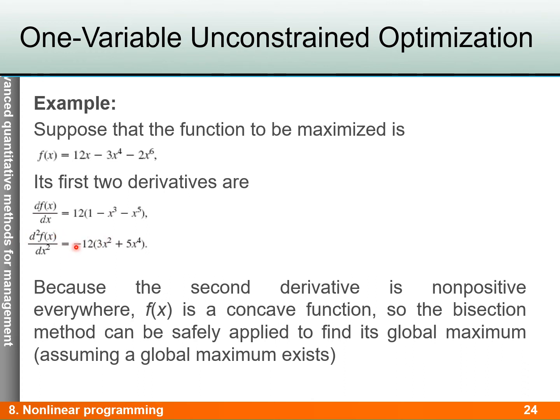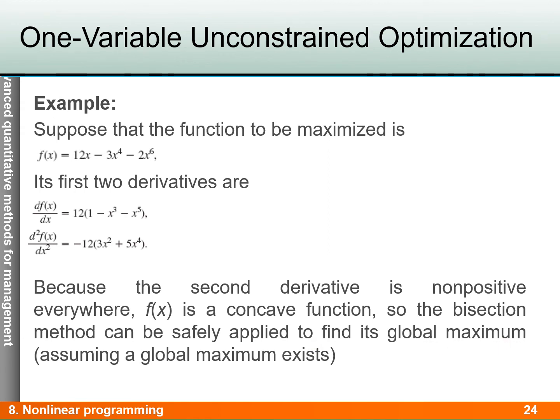As you see here, the second has this form, minus 12 multiplied by a positive parenthesis. But because this is minus 12, it is always negative, less than or equal to 0 for all x's. So because the second derivative is non-positive everywhere, f(x) is a concave function. So the bisection method can be safely applied to find its global maximum.